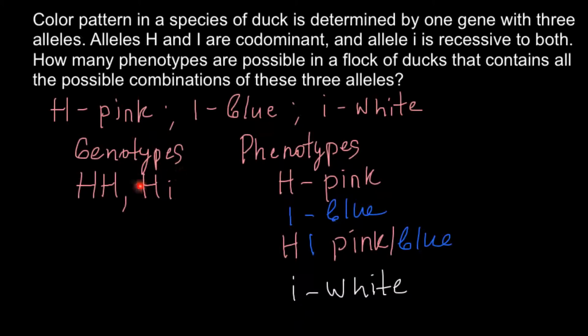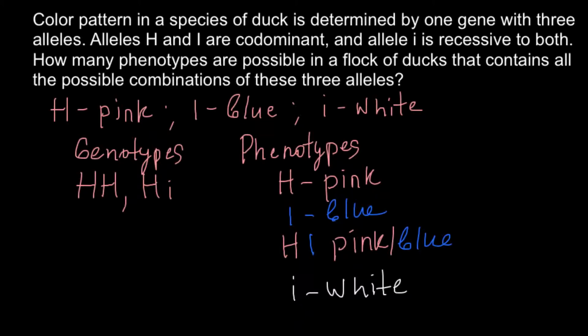Here we have a heterozygous form, and because the dominant capital H allele codes for the pink color and small i allele for the white color, but the dominant allele is dominant over the recessive allele, this heterozygous form would produce pink color.